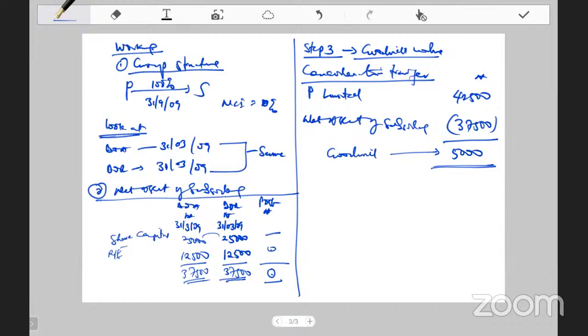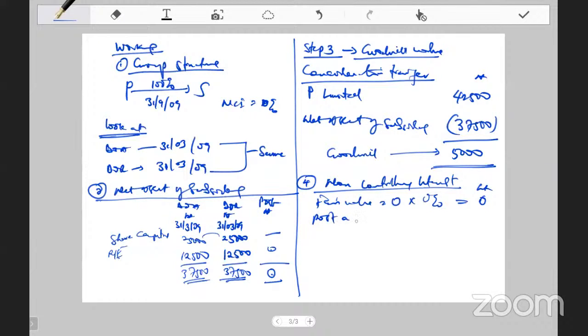So we are through with that. Let's go to working 4. What do we need to calculate in working 4? NCI, the retained earnings component. So we come here, non-controlling interest. If you look at what we are doing in this NCI, fair value is equal to 0 times 0%. That is 0 naira.